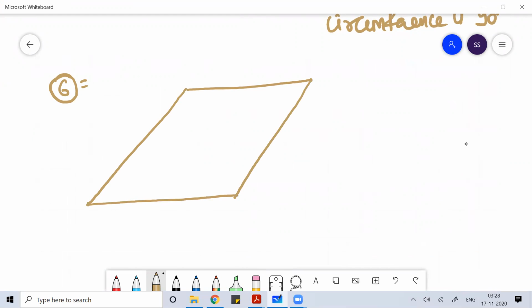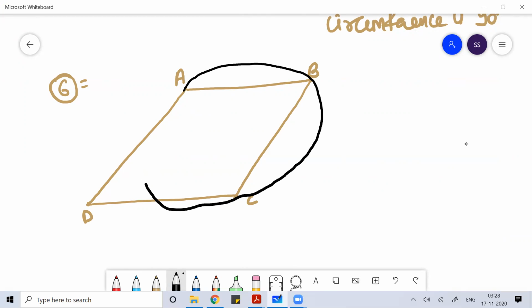Suppose there's a parallelogram A, B, C, D. The circle through A, B, and C intersects CD, produced if necessary, at E. So prove that AE is equal to AD.